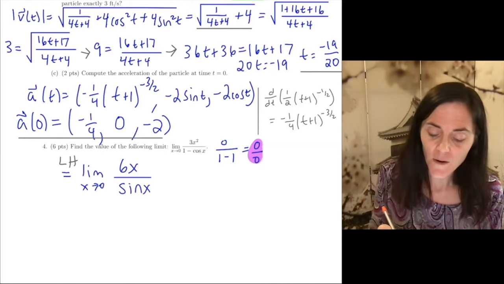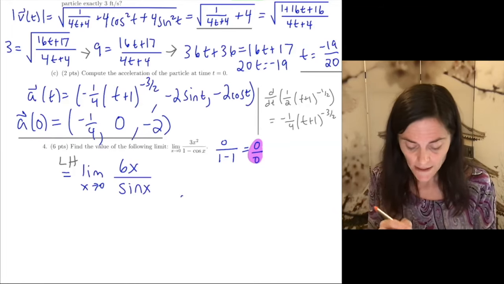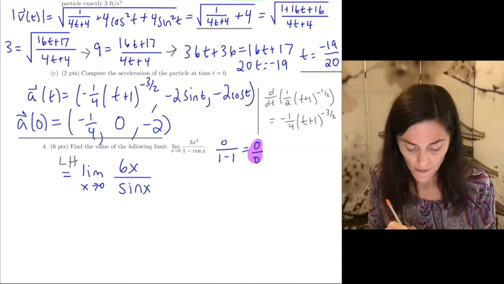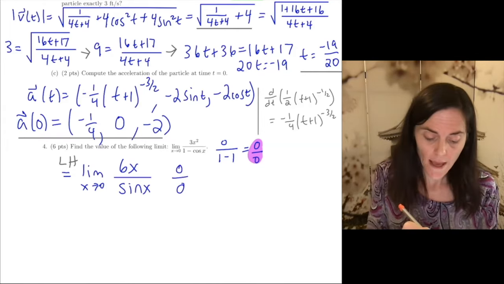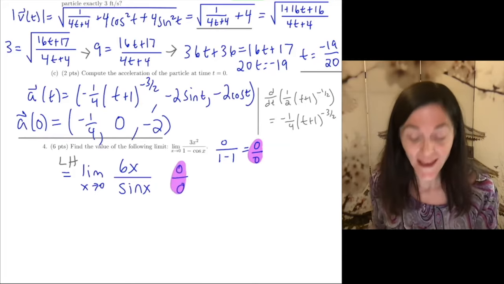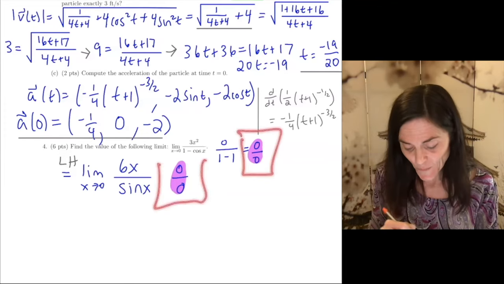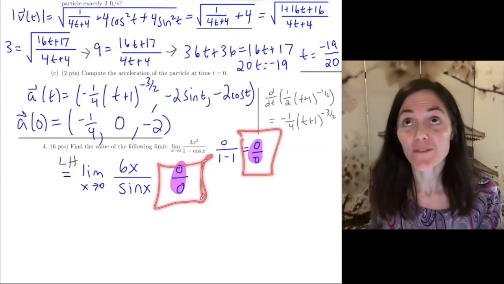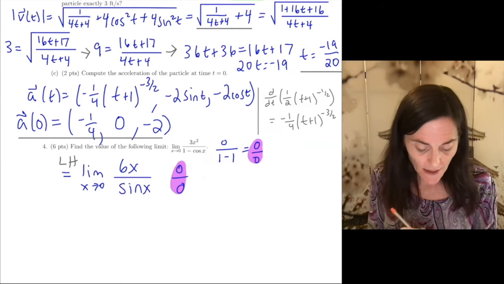What happens now? Do the same thing. Try to evaluate. We get 0 over sine of 0, which is 0. Okay, we have 0 over 0 again. This here is always your signal when you're trying to evaluate a limit to do something. And in this case, we can use L'Hopital again.